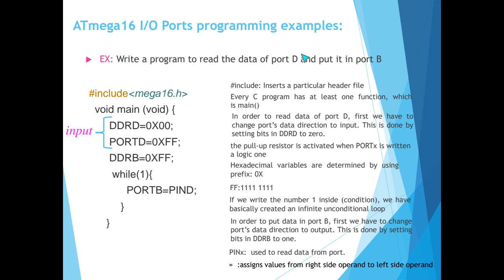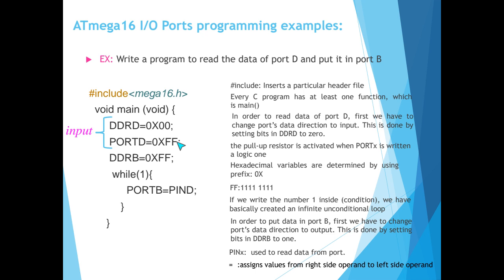Then I activated the pull-up register by using the PORT D register. I wrote logic 1 for all of the bits, and by using a hexadecimal number, I wrote 0x double F, and a semicolon.